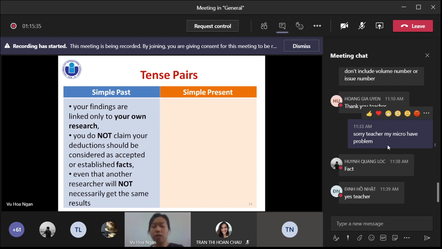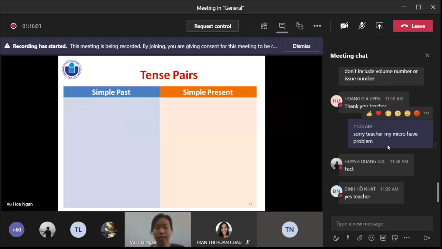That means another researcher may not find the same results. So you found this, but it doesn't mean that other people will find the same thing, because it was true in your study. It is valid in your study, but it may not be valid in other scenarios or other contexts. Does that make sense to you?